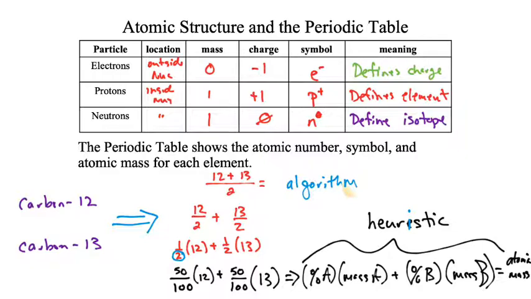I think there are 20 elements that have only one stable isotope, because the textbook said so. The rest of them have multiple isotopes, like carbon 12 and carbon 13. When it comes to an exam question, you will be given that information, and we'll see that in a second.